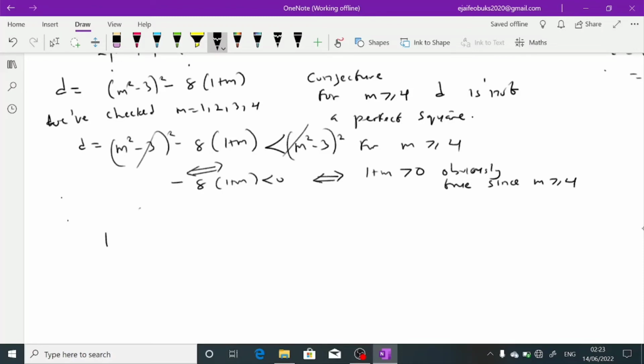Consider, so we have d is less than m squared minus 3 all squared. Then I think this also holds. We're trying to show that it lies between two consecutive integers. You might want to consider this.